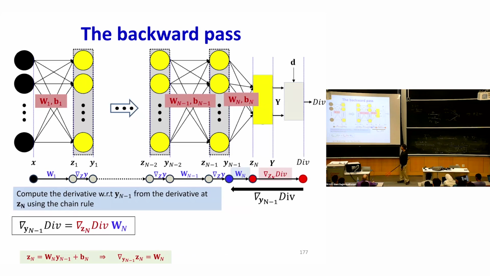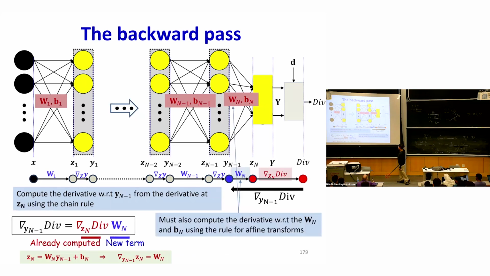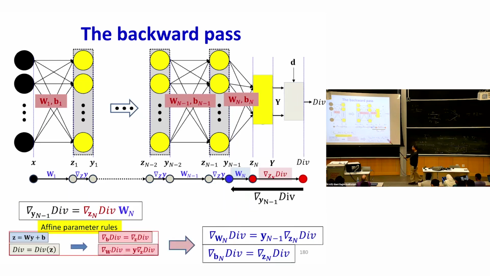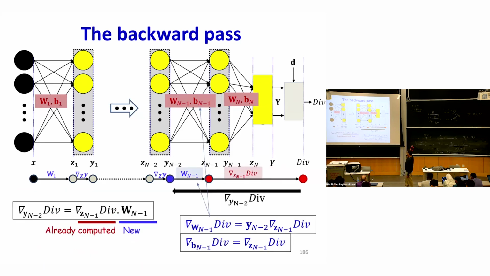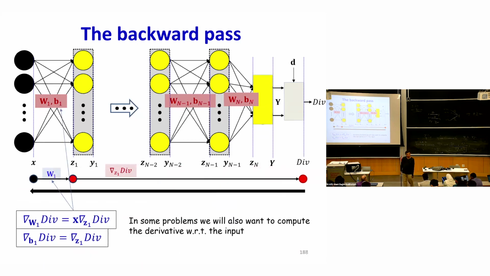And then, using the other rule that we just saw, I need to compute the derivative for the weights. The derivative for the weight is simply going to be this y times the derivative for z, as we just saw. So that can just be plugged in. The derivative for the bias is just the derivative for z, right? And then I can just keep working my way back all the way to the beginning using these very simple rules.